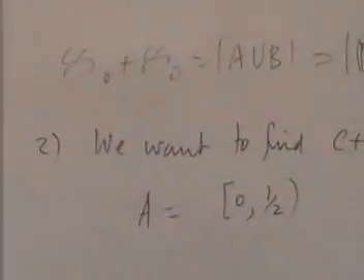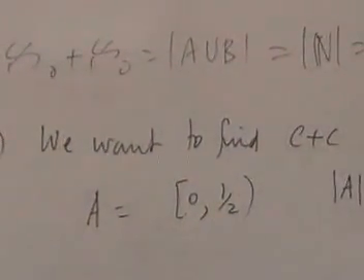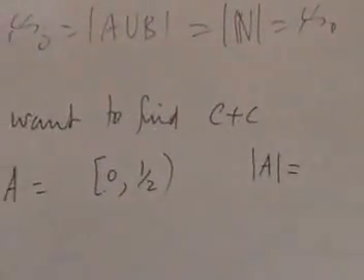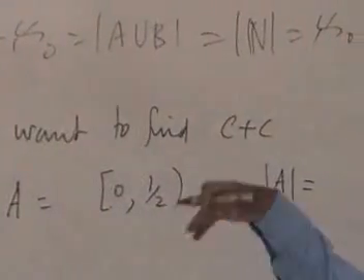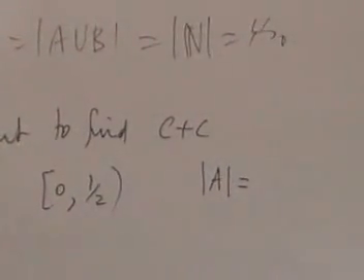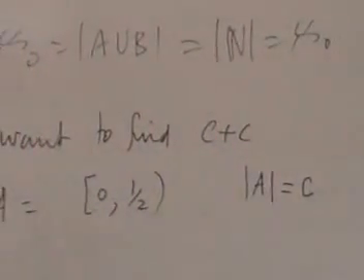What is the cardinality of A? We showed that every interval is equivalent to (0,1) and equivalent to R. We also showed that any set which contains an interval also has cardinality C. So the cardinality of this is C.